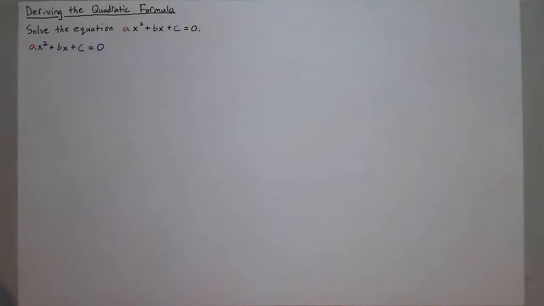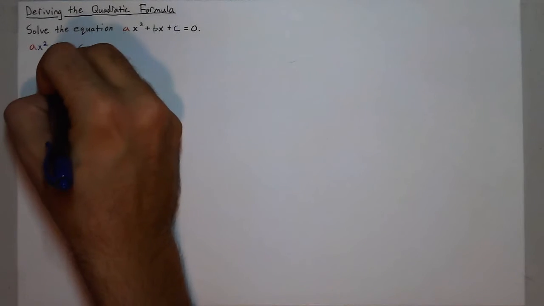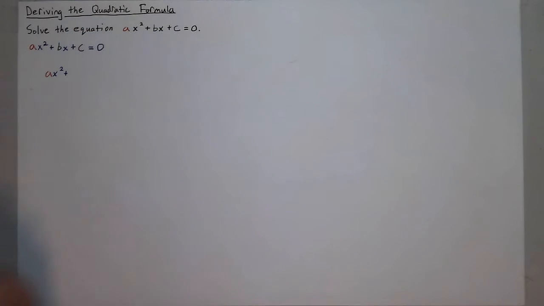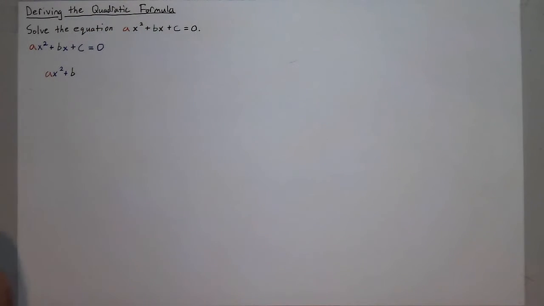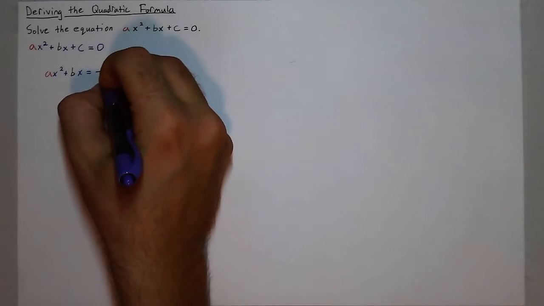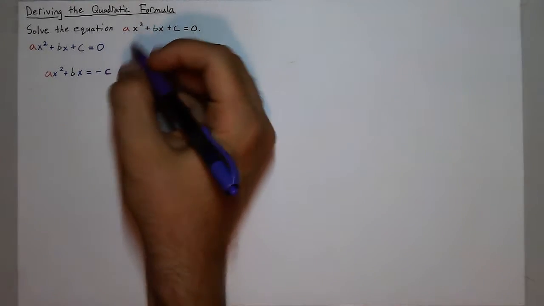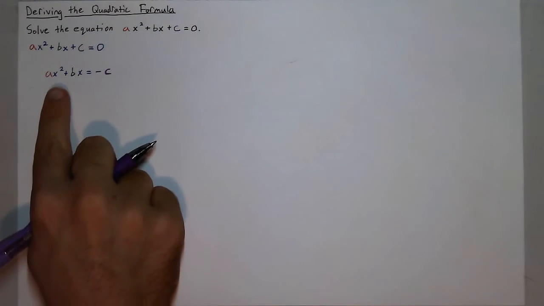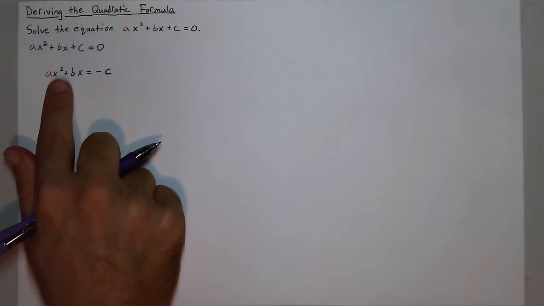So we'll subtract c from each side of the equation, giving us ax squared plus bx is equal to negative c. Then it requires us to get the x squared term, the ax squared term, just to be x squared.